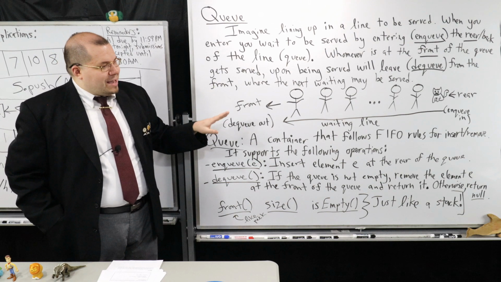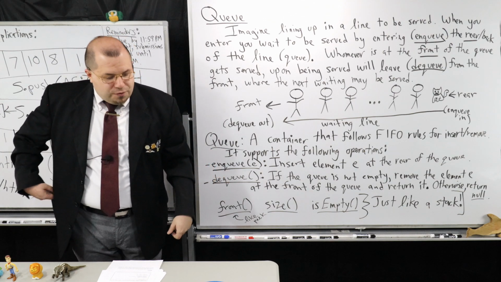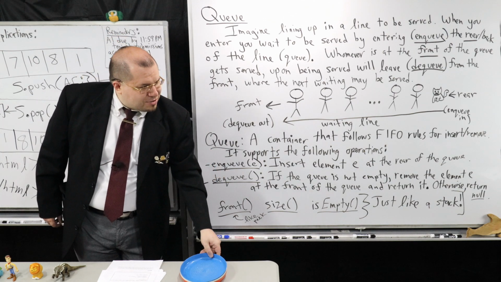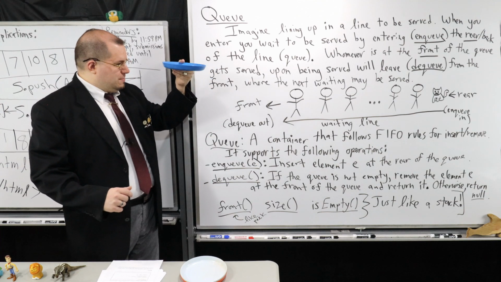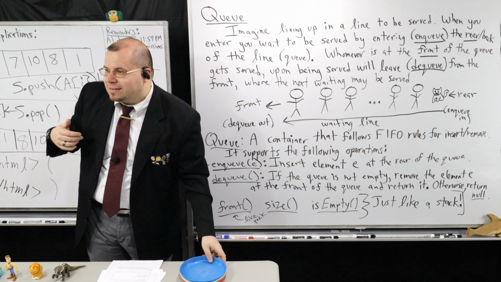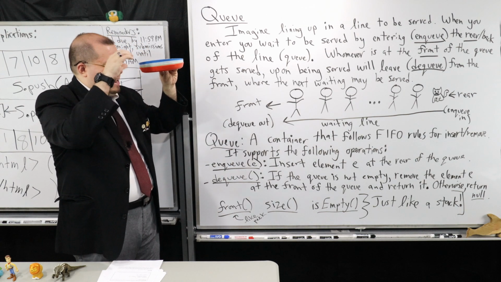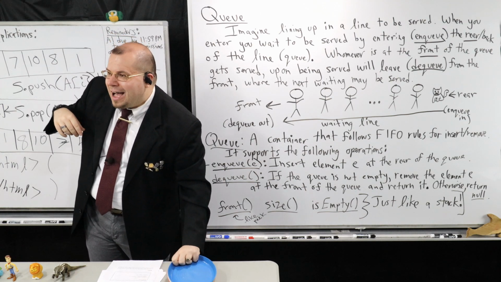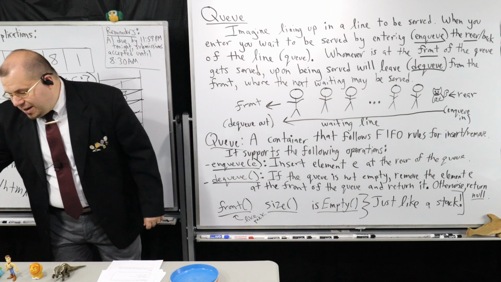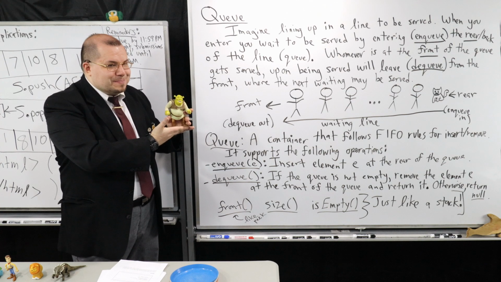Just like my stack, there are other operations as well. For example, when I talked about a stack, I also talked about an operation called peek, where you can just look at the top element and know what it is, returning it without removing it. I can do the exact same thing here. Say I have my lovely green friend at the front of the line.